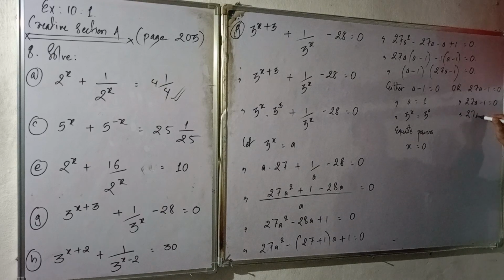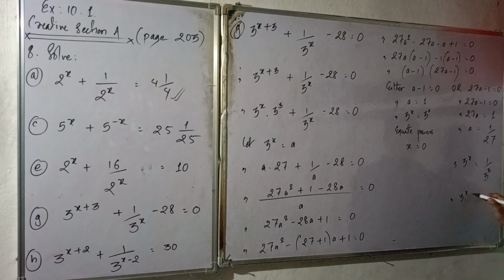Now another one, 27a minus 1 equals to 0. Now 27a is equal to 1, or a equals 1 by 27. Now replace the value of a by 3 power x. 27 can be expressed in power of 3. 27 is 3 power 3.